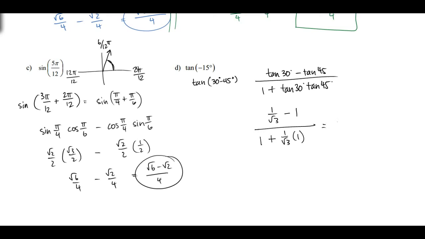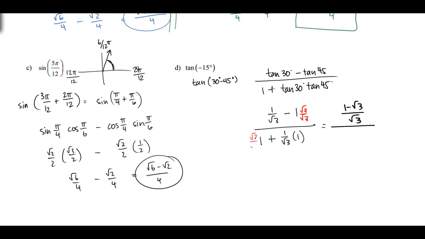Now you got some grossness, right? You're like, oh no. Yeah, that looks like a complex fraction where you got to get the top combined into one fraction. So I'm going to give this guy a root 3 over root 3. So at least the top can be 1 minus root 3 all over root 3. Then you're going to do the bottom. And you're like, oh, the bottom needs a common denominator too.